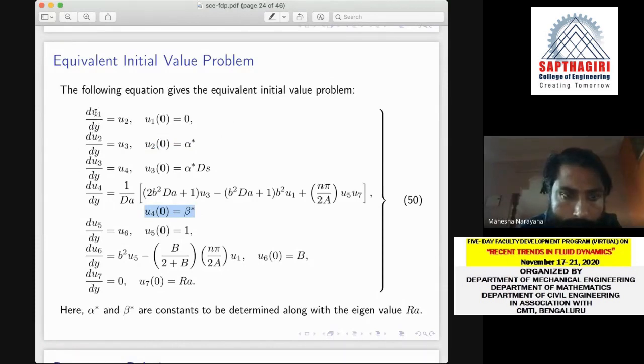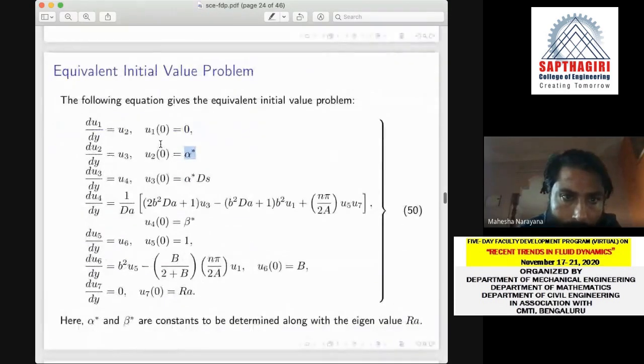Remember, u1 is the variable f, u2 is the first derivative, u3 is the second derivative of f, and so on, and u5 is the variable theta, u6 is the first derivative of theta, and u7 is the Rayleigh number. So Ra is also an unknown, beta star is also an unknown, alpha star is also an unknown. So the given boundary eigenvalue problem is being converted into an initial value problem.